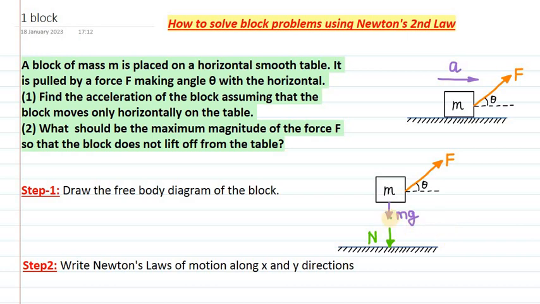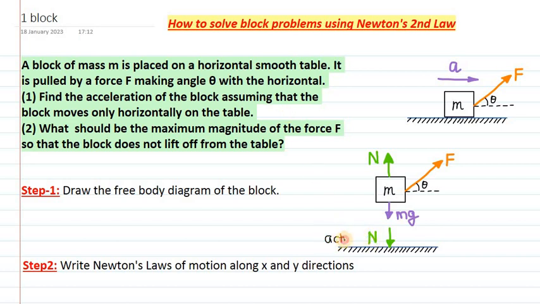Now, when the block will press the ground with a normal reaction force downward, then the ground will also exert the same amount of force on the block in the upward direction. It is because of Newton's third law.